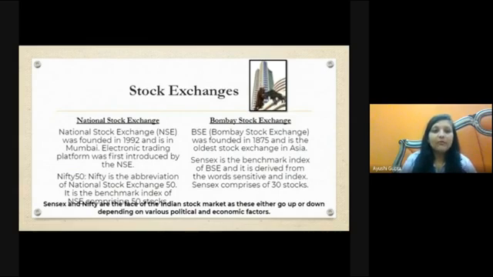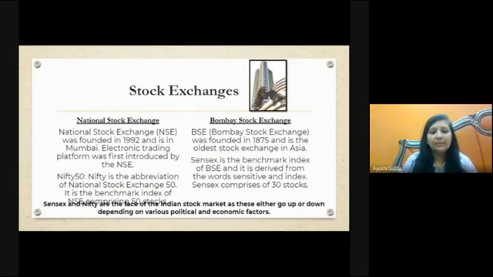NSE comprises more than 1600 companies and BSE has around 5000 companies. Nifty is the product of NSE, which comprises the top 50 companies, that's why it is known as Nifty 50. And the Sensex is the product of BSE, which has the top 30 companies.